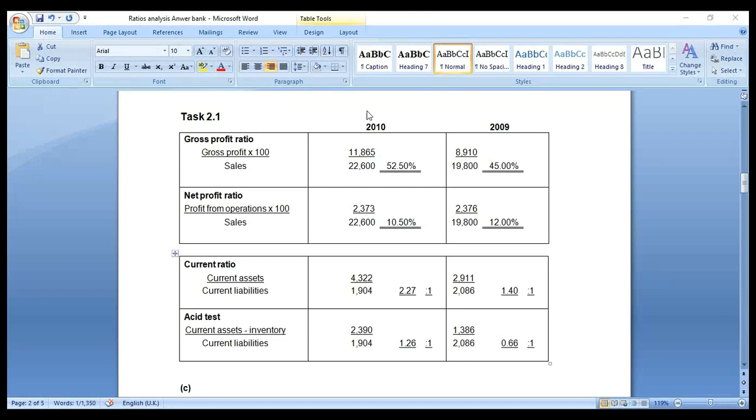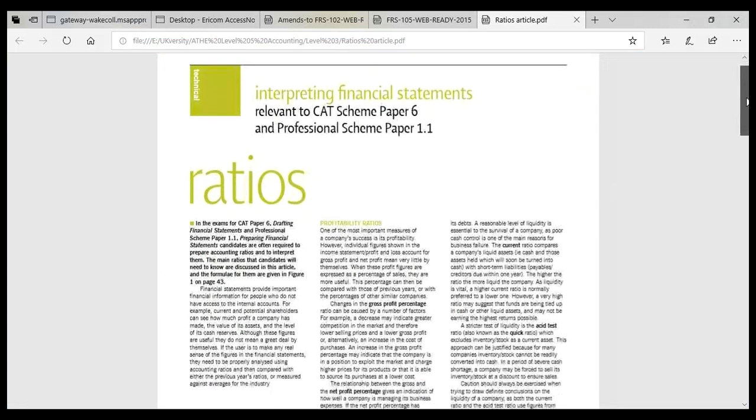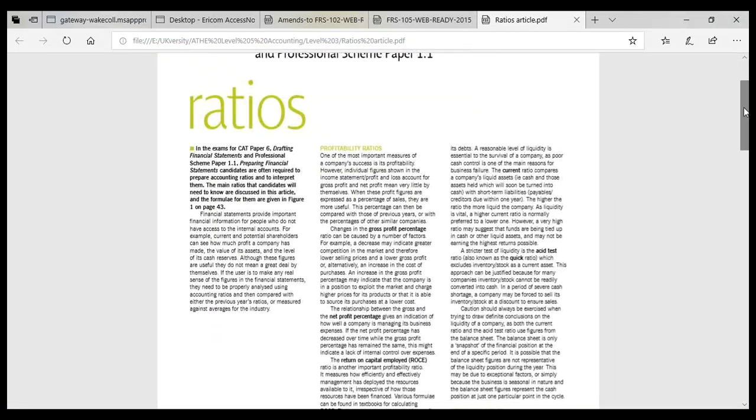Plus, I am going to send you further interpretation material and an article as well. So guys, this article is quite good to read, and it is all about the ratios: interpreting the ratios and the limitations of financial ratios.